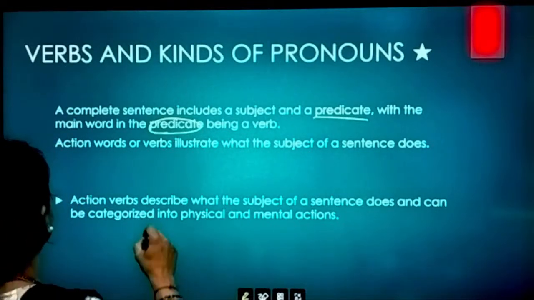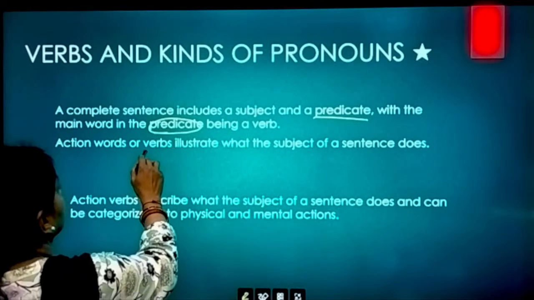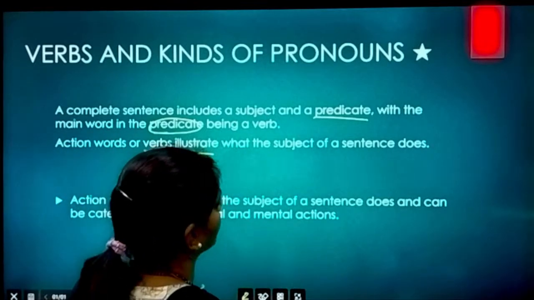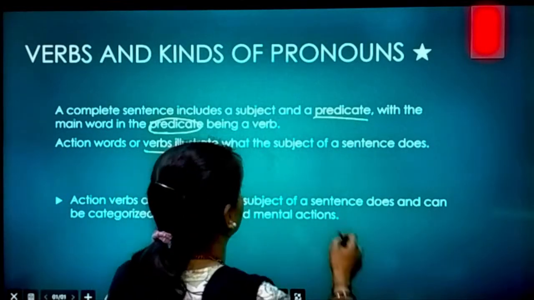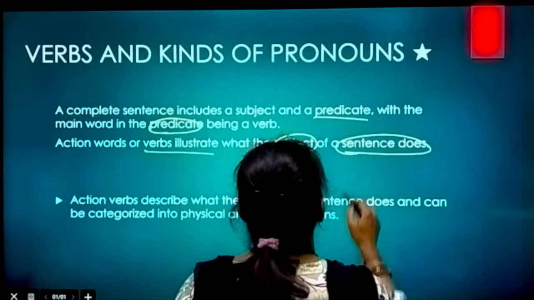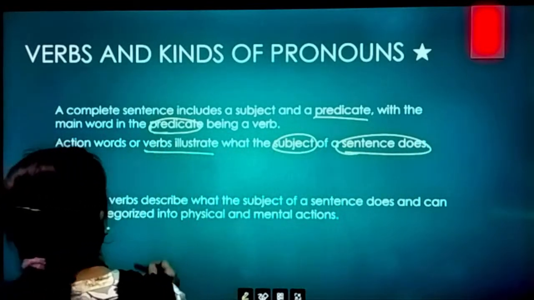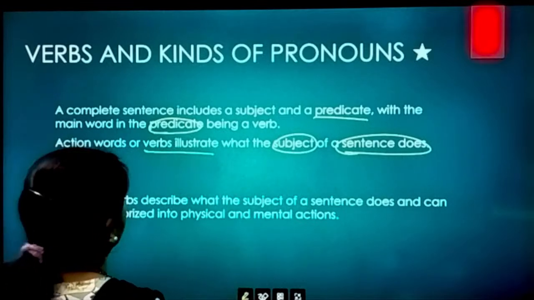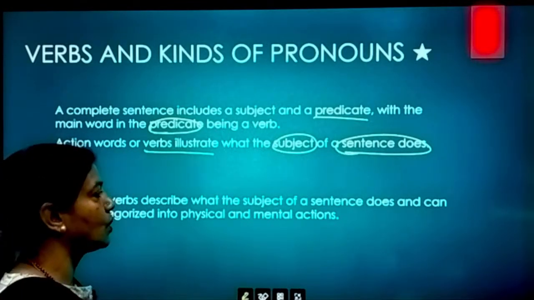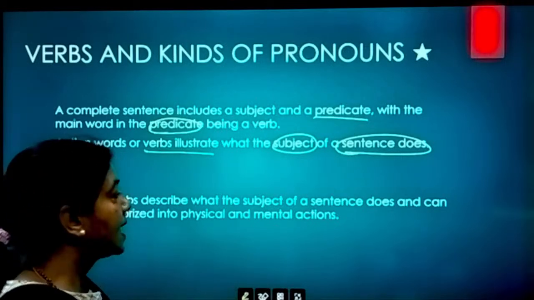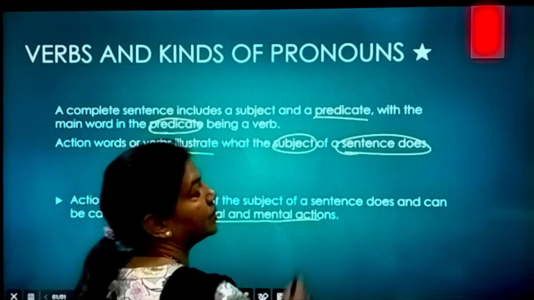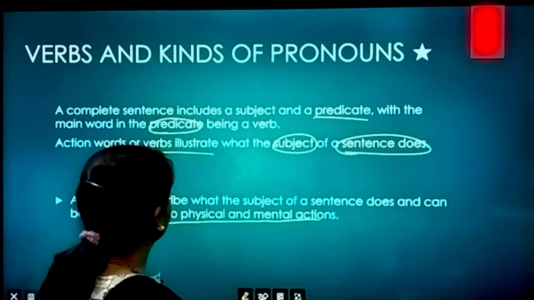Action words or verbs illustrate what the subject of a sentence does. So it's action oriented, a part of speech. Action verbs describe what the subject of a sentence does and can be categorized into physical and mental actions.